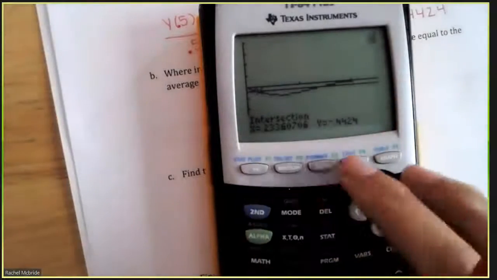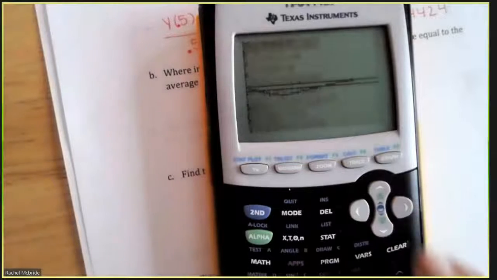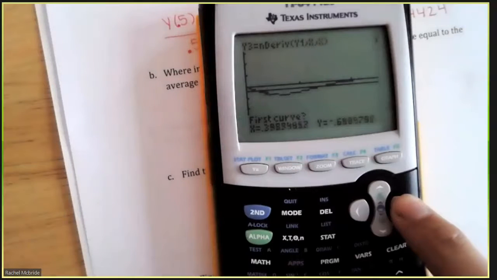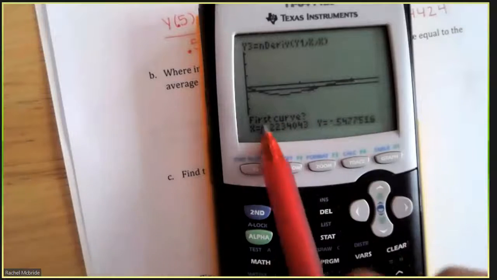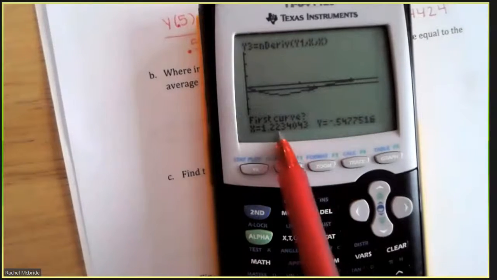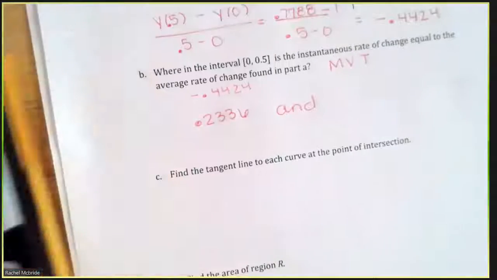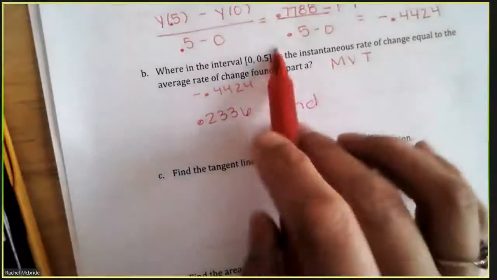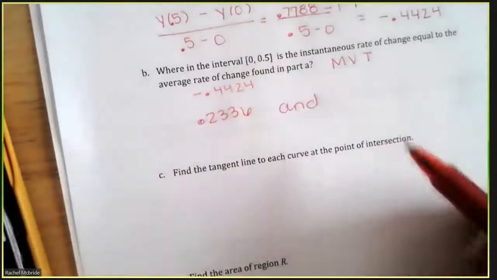and we intersect again over on the other side. However, when I go all the way over to the other side, what am I noticing about my x values? They're too big because it gave me this interval here of 0.5.